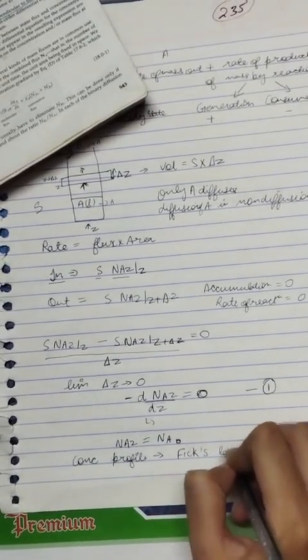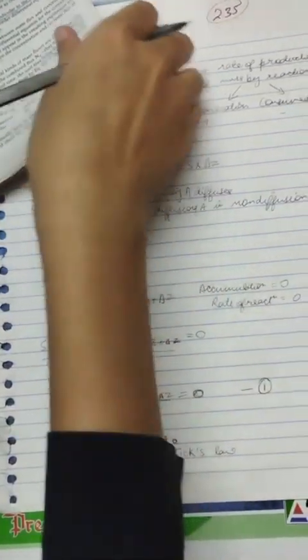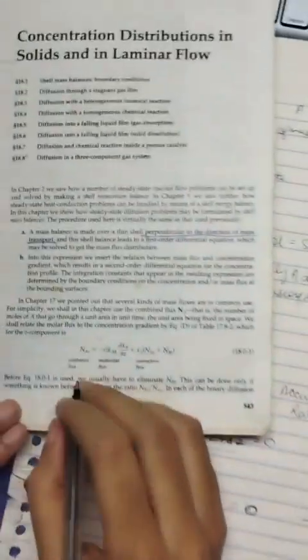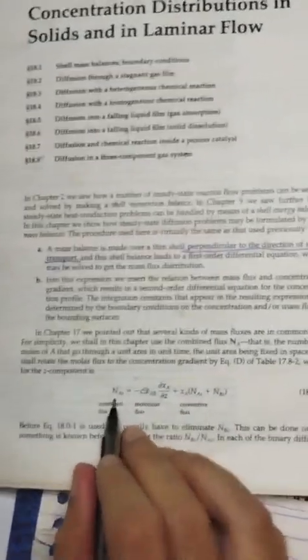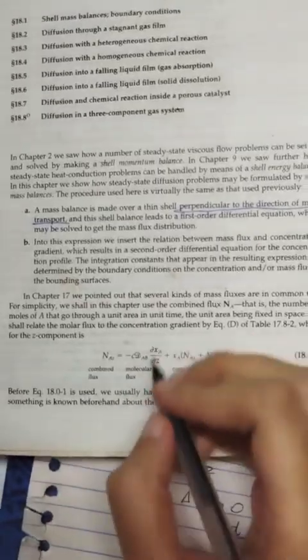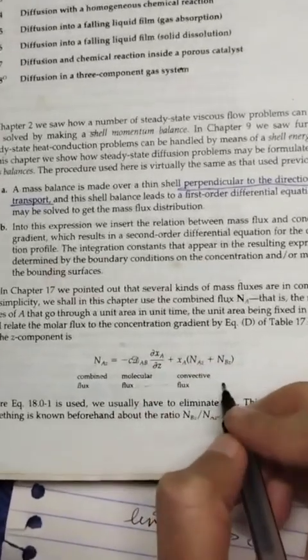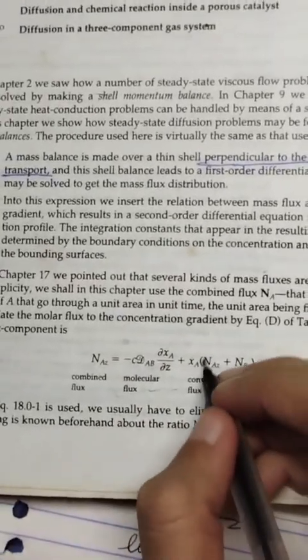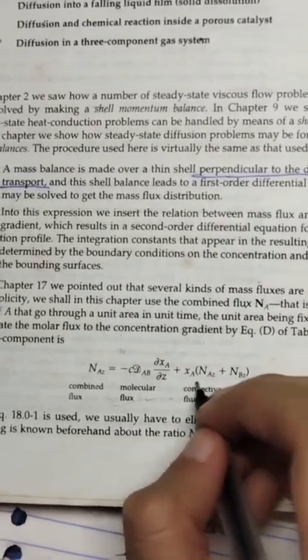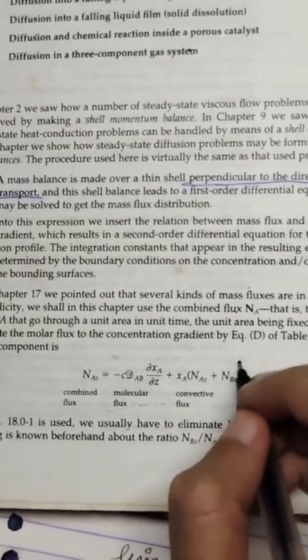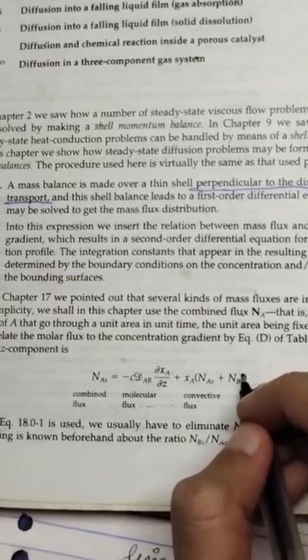So Fick's law is given for a binary system as shown in the book. This is the combined flux where NAz is the total flux, and this is the molecular flux, and this is the convective flux. Since we have diffusion of A through non-diffusing B, we will take this NBz term as 0.